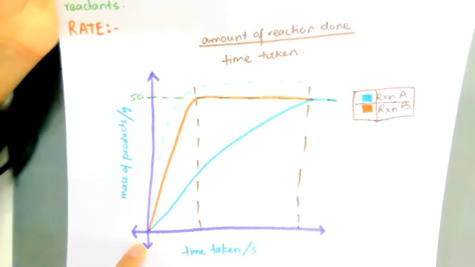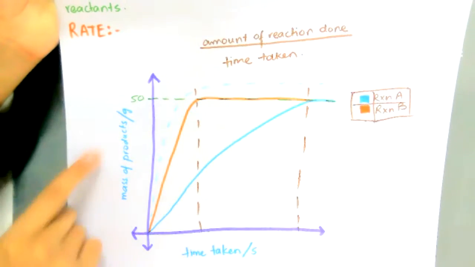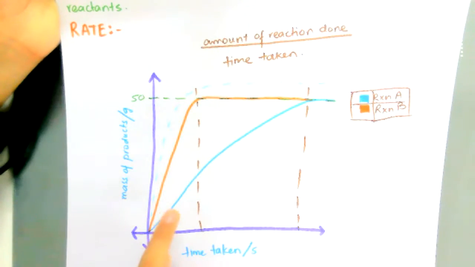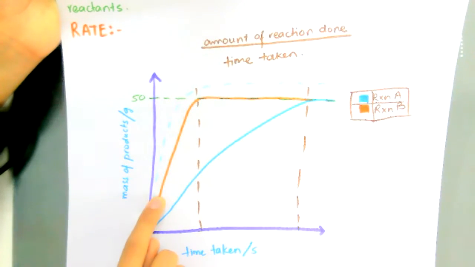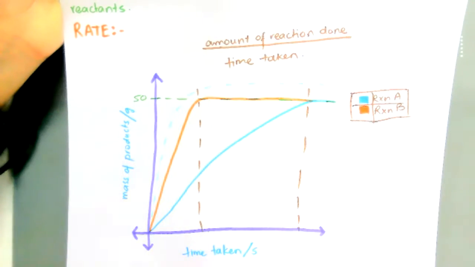Over here, if you look at this graph, this is the x-axis, this is the y-axis. On the y-axis, I have the mass, and I have time taken in seconds. If this is my reaction A and reaction B, this one is less concentrated and this is more concentrated. Let's talk about magnesium and hydrochloric acid.